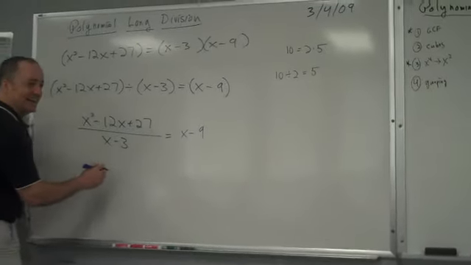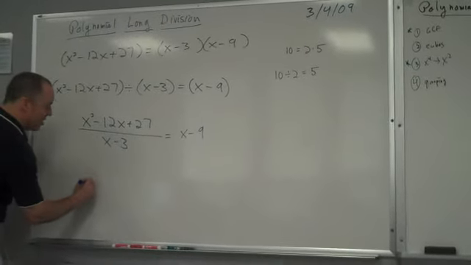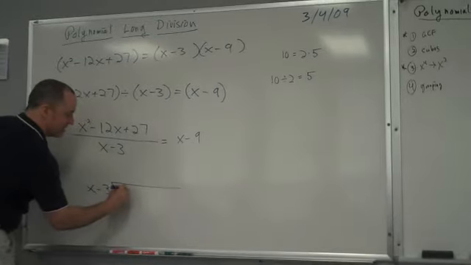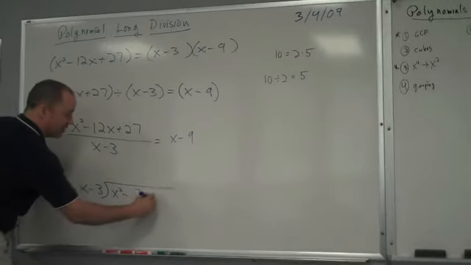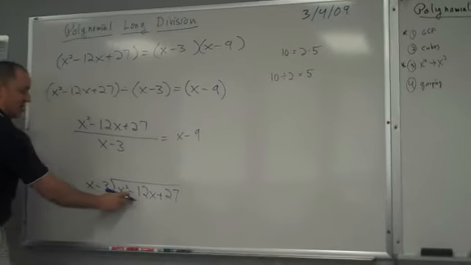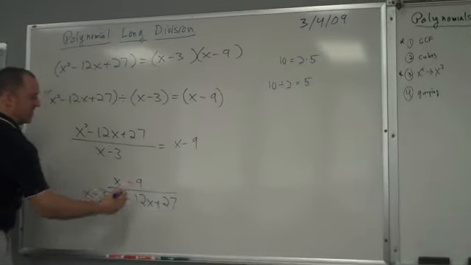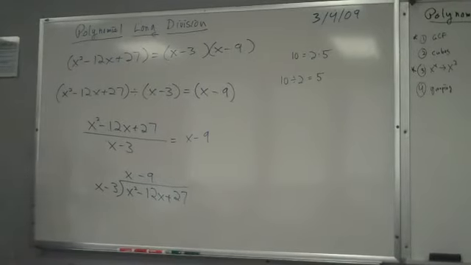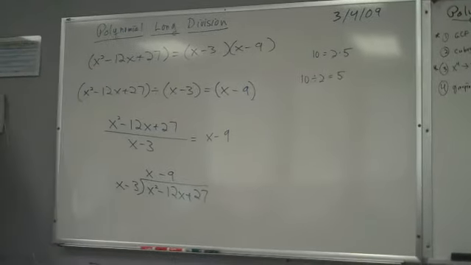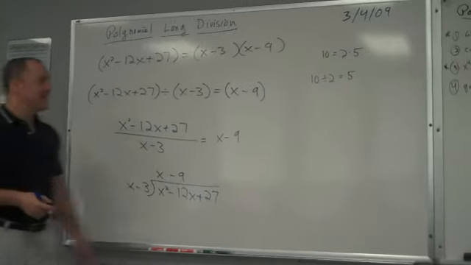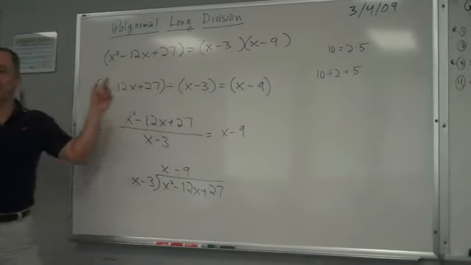I can also write this like this: x squared minus 12x plus 27 under here, and my answer is going to be x minus 9. I've shown you 3 different ways to write this. What I haven't done yet is show you a process if you don't already know the answer.